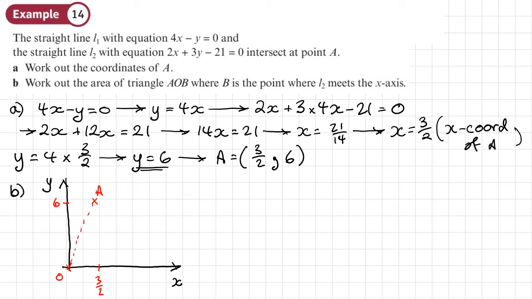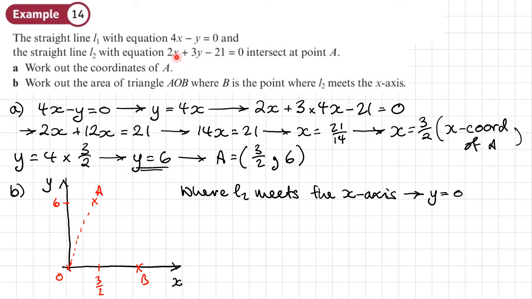And we need to find the point B, and that's where the line L2 meets the x-axis. So let's just label that as B. So then let's work that out. So the line L2, so we'll just put where L2 meets the x-axis. That will be when y equals 0.